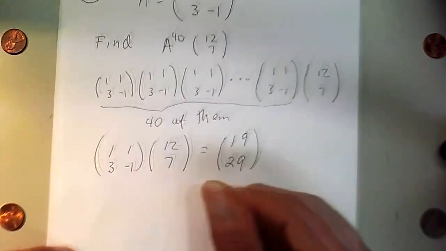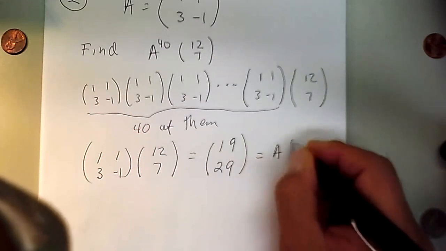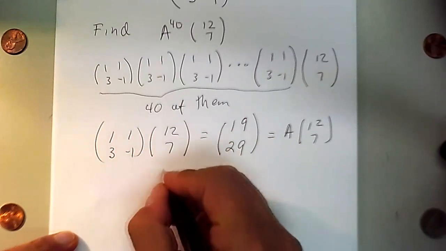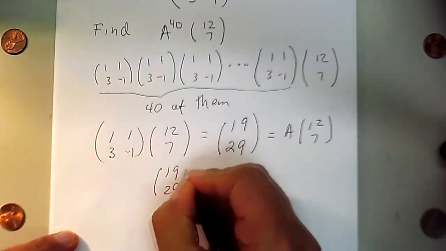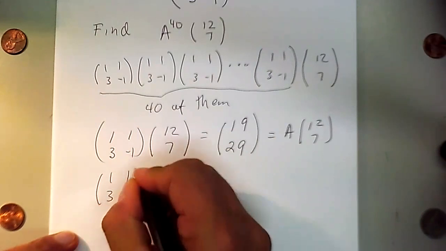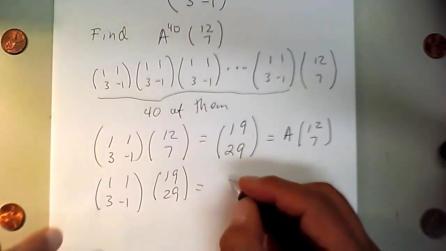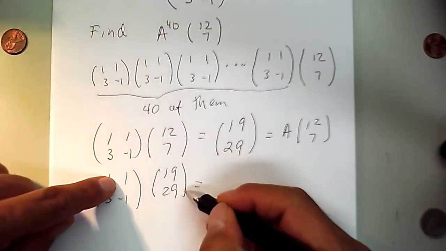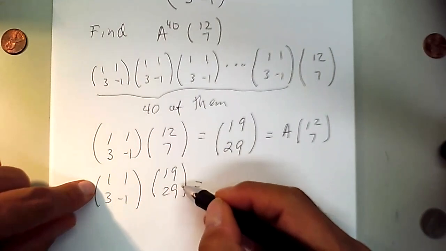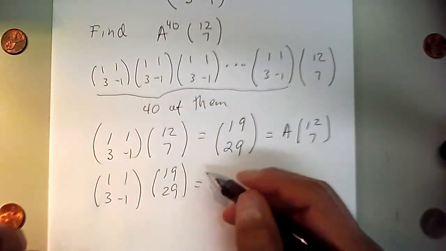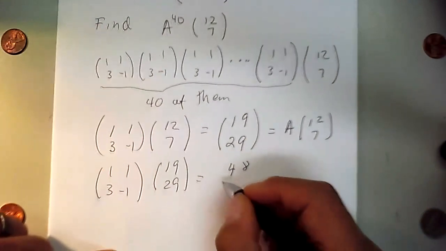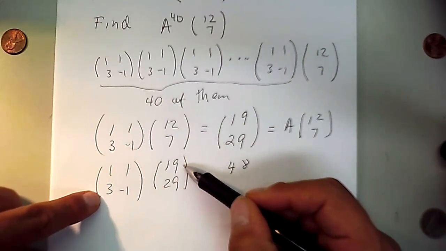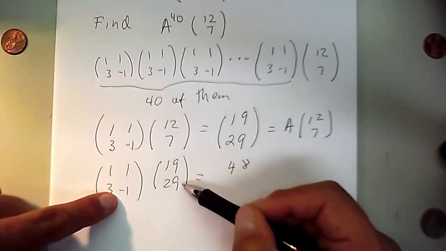If we multiply this answer, 19, 29, by 1, 1, 3, negative 1 again, we end up with 19 and 29, that is 48, and then 3 of those, which is 57, minus 29.